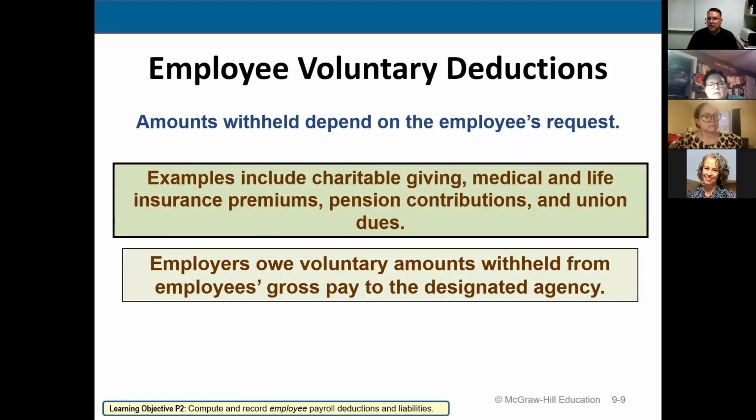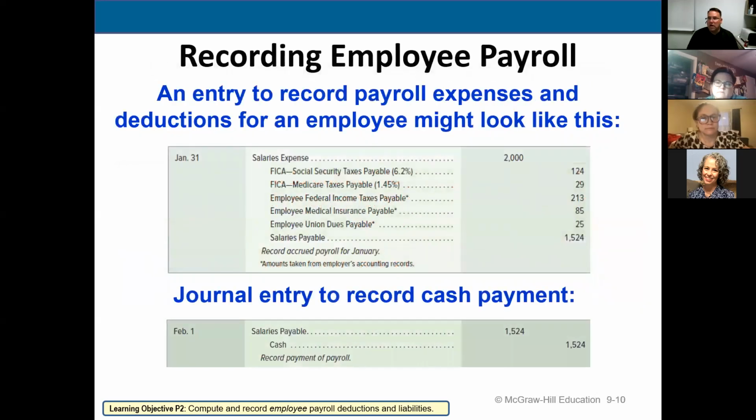All right. Additionally, there's employee voluntary deductions. Again, things like medical and life insurance premiums, pension contributions, etc. Those are amounts that we pull out of employees' paychecks because they've elected to have that money pulled out. So here's what a journal entry would look like.